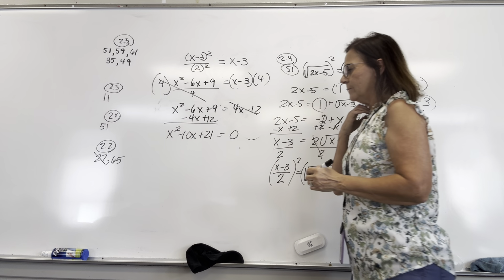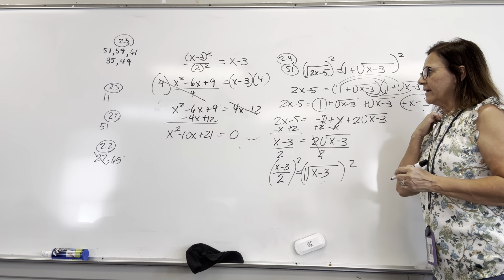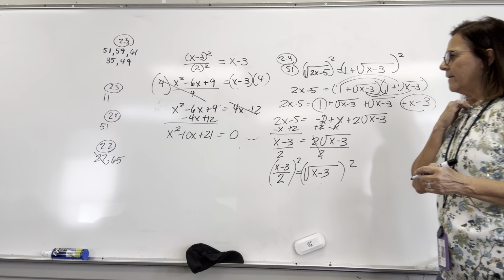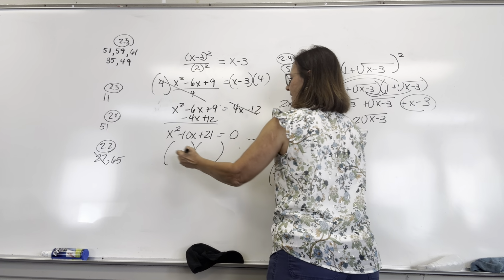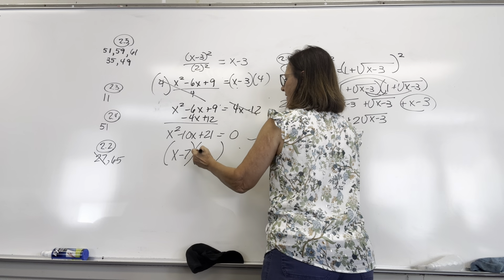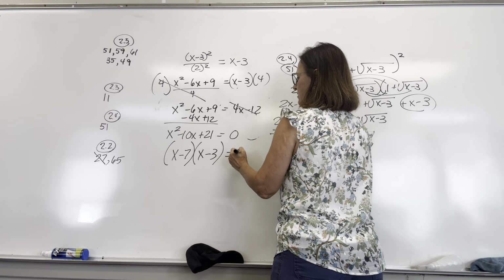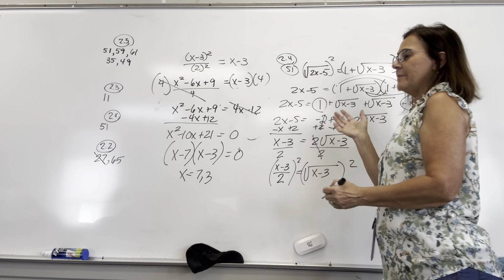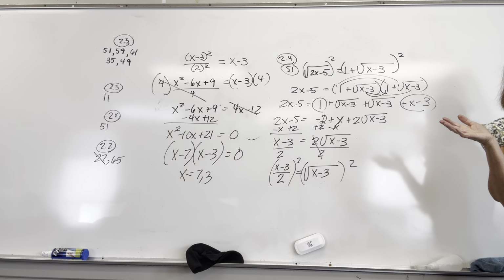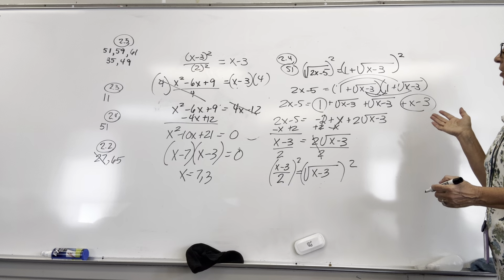That's factorable. What does that look like factored? x minus 7 times x minus 3. So x is 7 and 3. Maybe we have to work it.